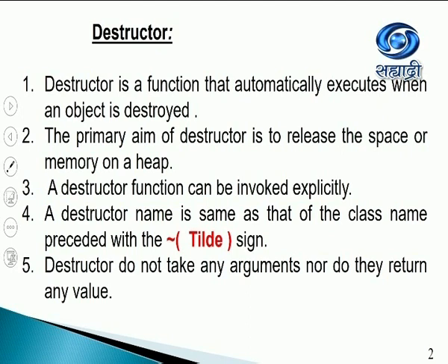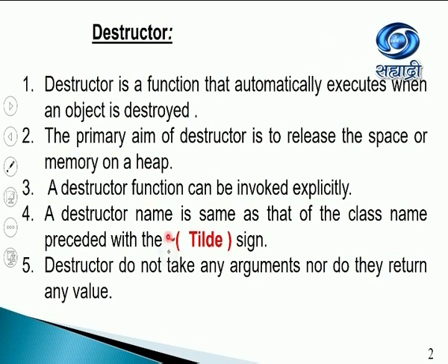A constructor allocates some memory to the object and initializes the object. A destructor doesn't destroy actually, it releases the memory which was occupied by the object and used by that constructor. So the destructor releases the memory back to the memory heap.